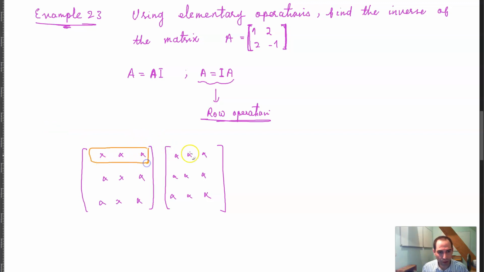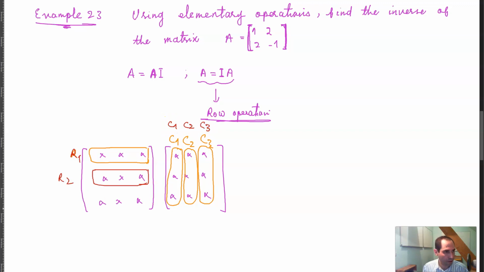So the way that we do matrix multiplication is that we take this row and multiply it by this column. This is row 1, and this is column 1, and then we do the same thing for column 2, and column 3, and so on. Then we move to row 2, and again column 1, column 2, column 3, and then we move to row 3, and again column 1, column 2, and column 3, and that way we do matrix multiplication.